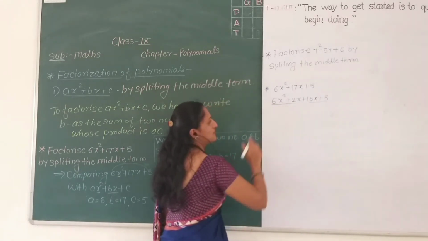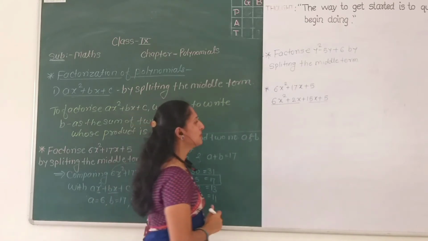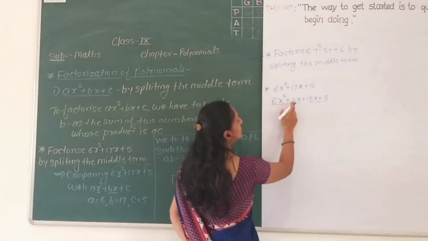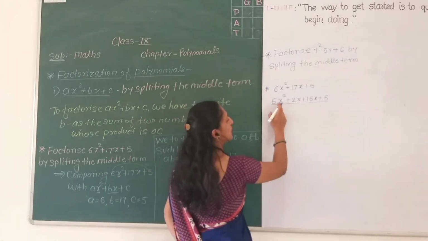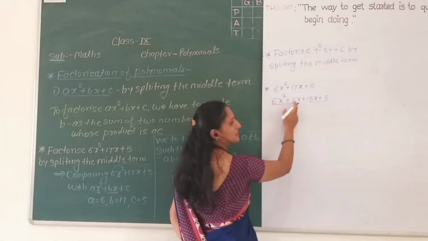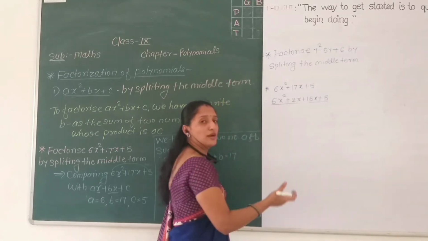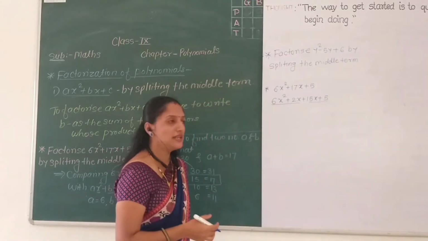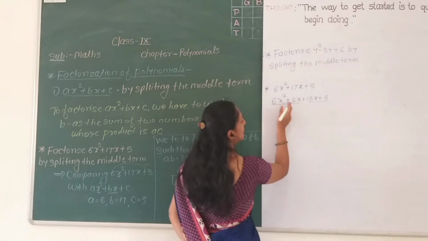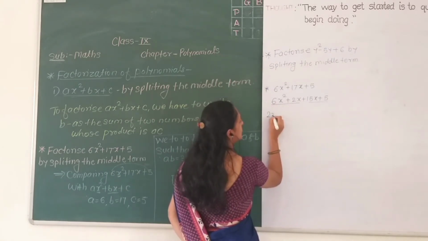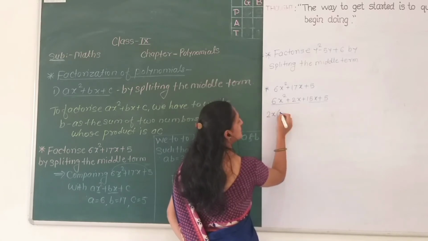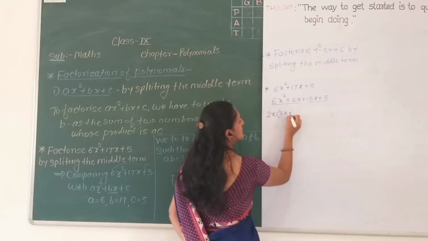Now look at the first two terms. In these two terms, you see that the term 2x is common in both. Here there is also x and 2 present, and here there is also 2 and x. So we can take 2x common from these two terms: 2x in bracket 3x plus 1.